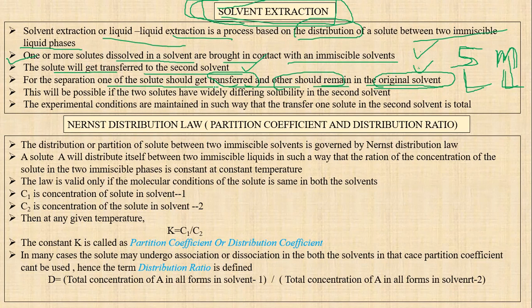Once the reaction is completed, the solvent extraction technique is used for the removal of impurities. In a broad sense, you need to use this technique after completion of each and every reaction. It is not specifically for each and every reaction, but in a broad sense its use is very common.